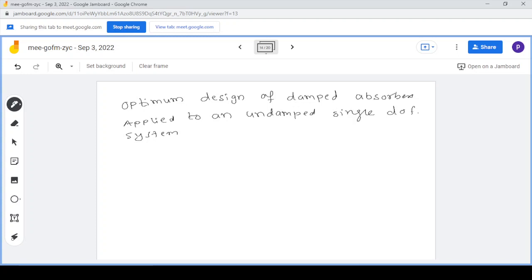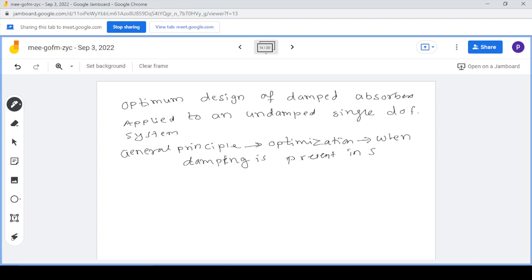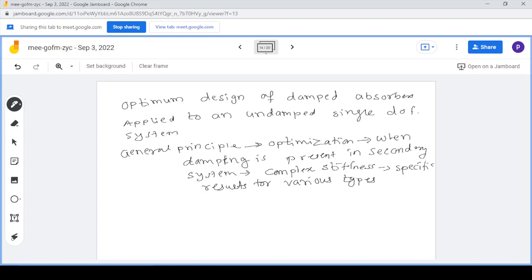So in this case, we follow the general principle of optimization when damper or damping is present in the secondary system, which is represented by complex stiffness, and then specific results for various types of damping.